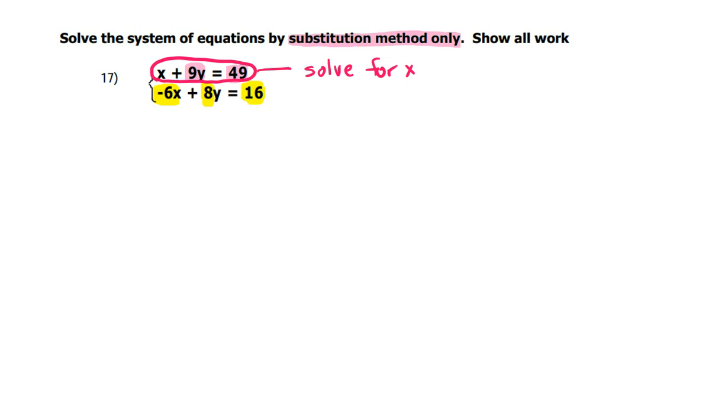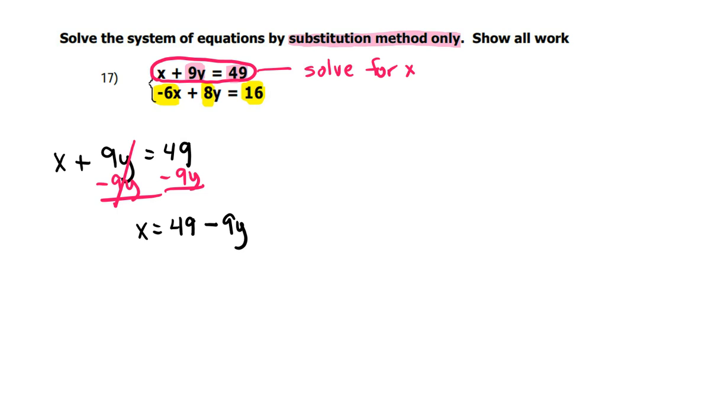So I'm going to start with the first equation and just subtract the 9y from both sides. That way, that cancels, and you're left with x is equal to 49 minus 9y.